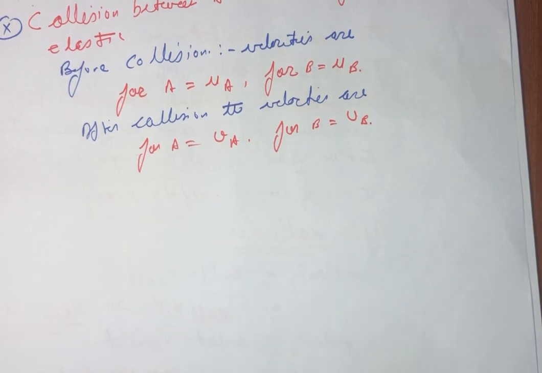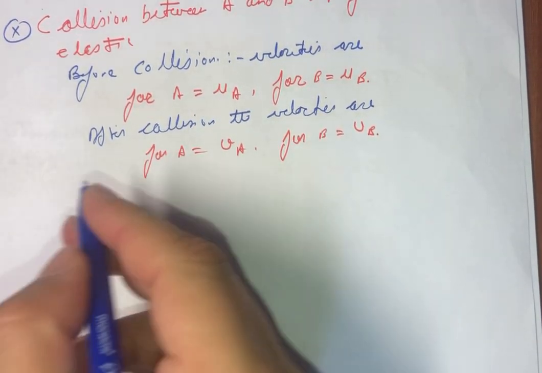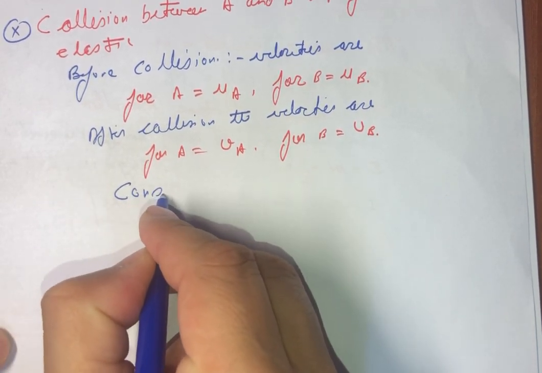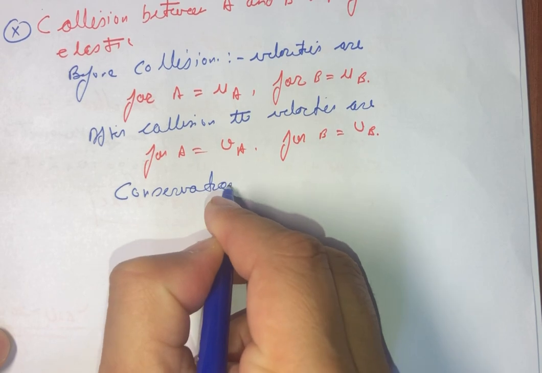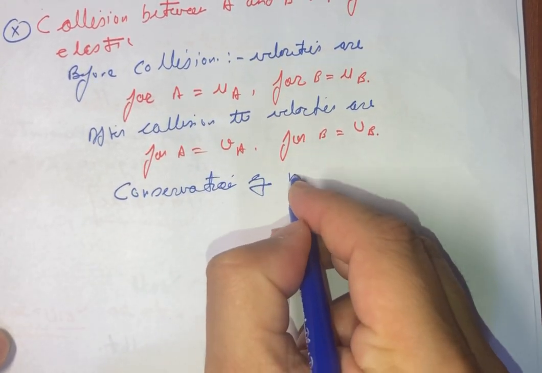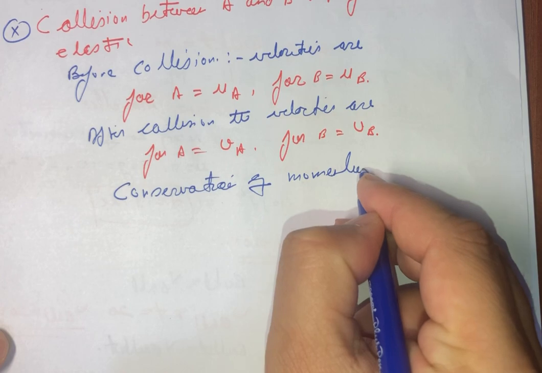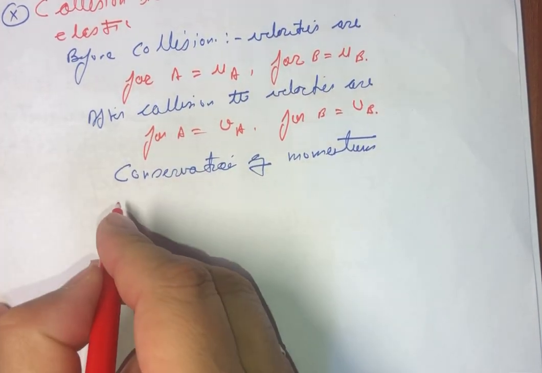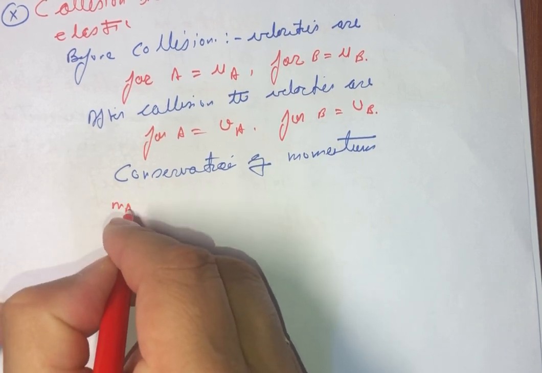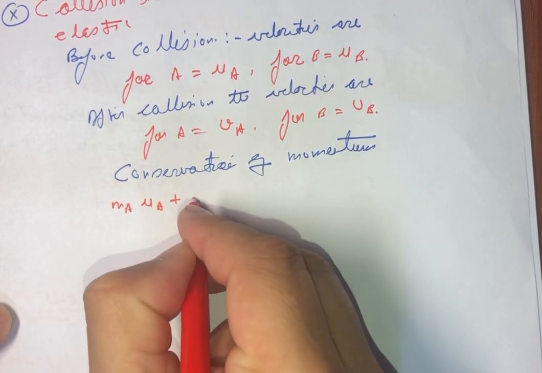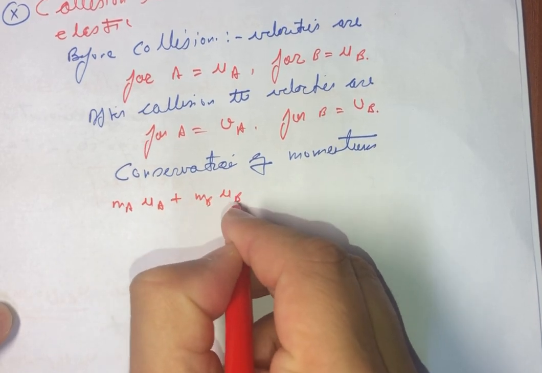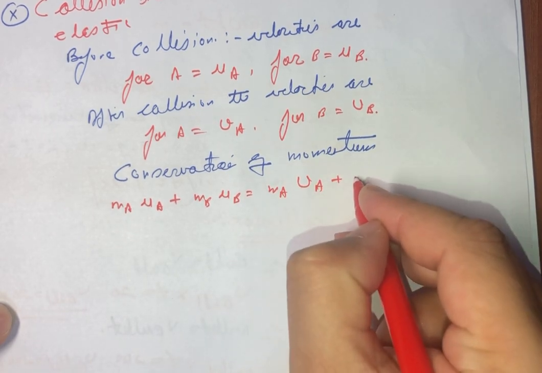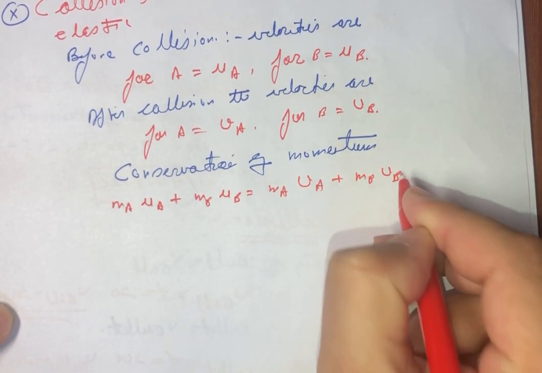So we can use the conservation of momentum, as it is perfectly elastic. MA UA plus MB UB is equal to MA VA plus MB VB.